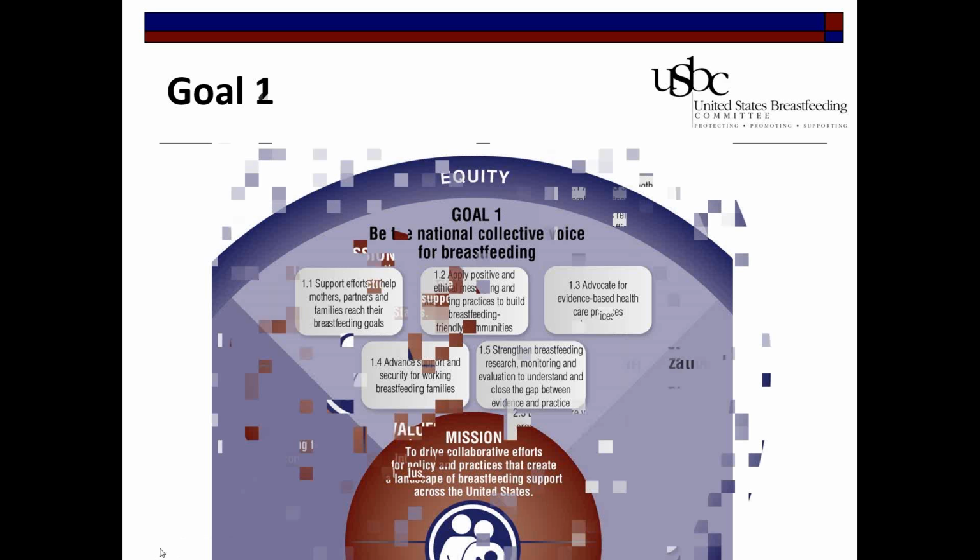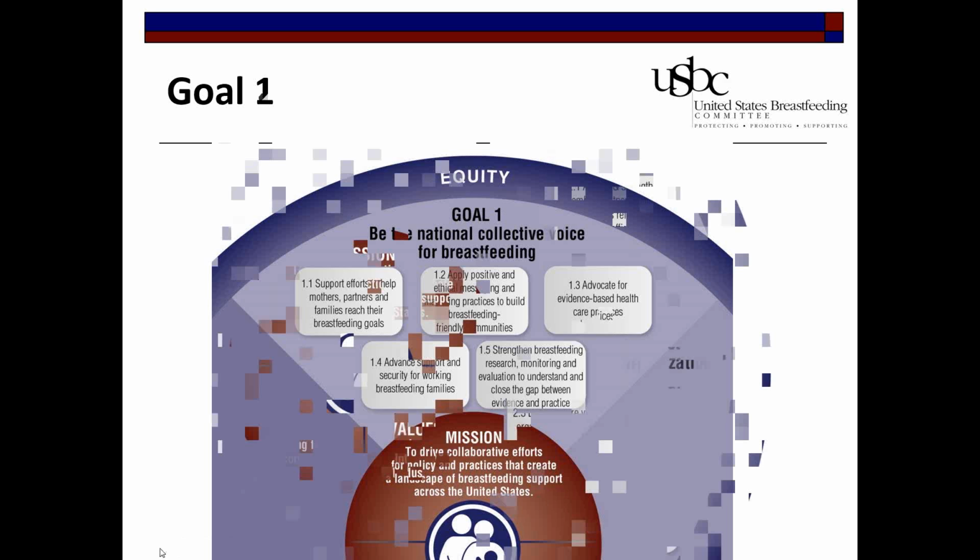All right. Goal 2 is to ensure organizational vitality. Again, you see our equity ring around there. And we want to assess and strengthen the members, the partners, the coalitions, and grassroots relationships to optimize efficiency and impact. We want to use the governance and management's best practices to be able to ensure our organizational vitality.